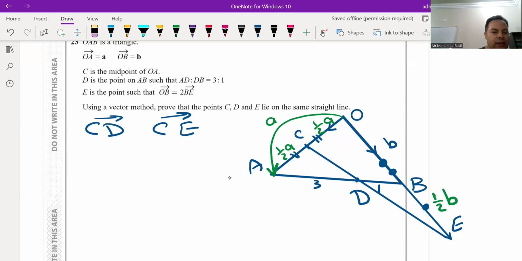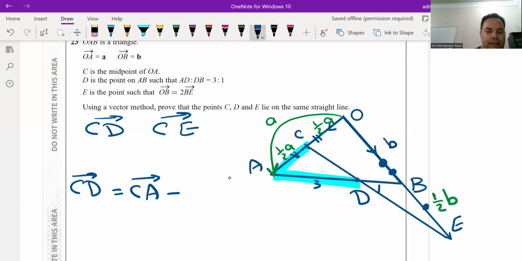Let's start now to get the vector CD. How to use a and b to get the vector CD? Let's move like this. So the vector CD is CA plus AD. CA is half of a.